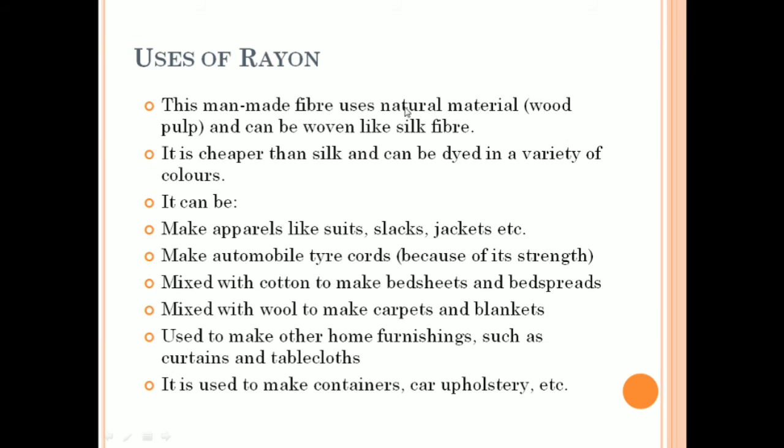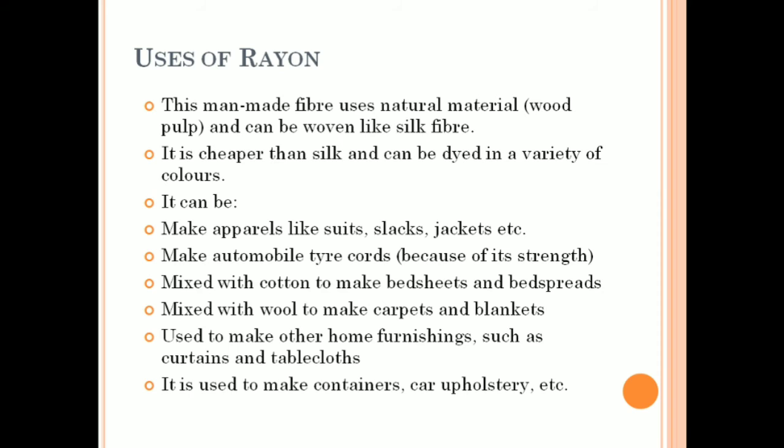This man-made fiber uses a natural material, wood pulp, and can be woven like silk fiber. So we have seen that the source of rayon is a natural material, obtained from the pulp of wood, and it can be woven like silk fabric. It is cheaper than silk and can be dyed in a variety of colors.